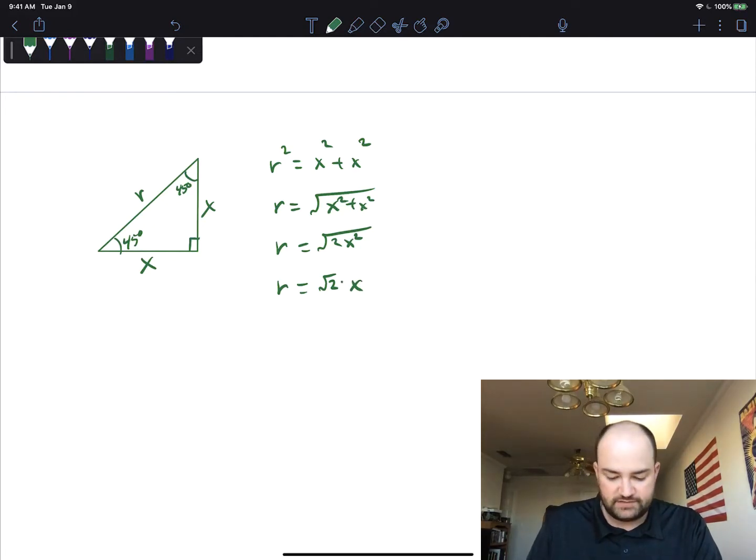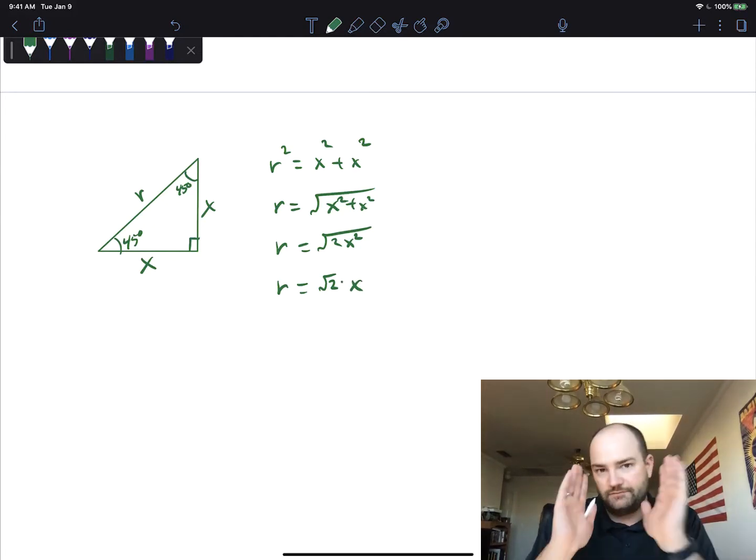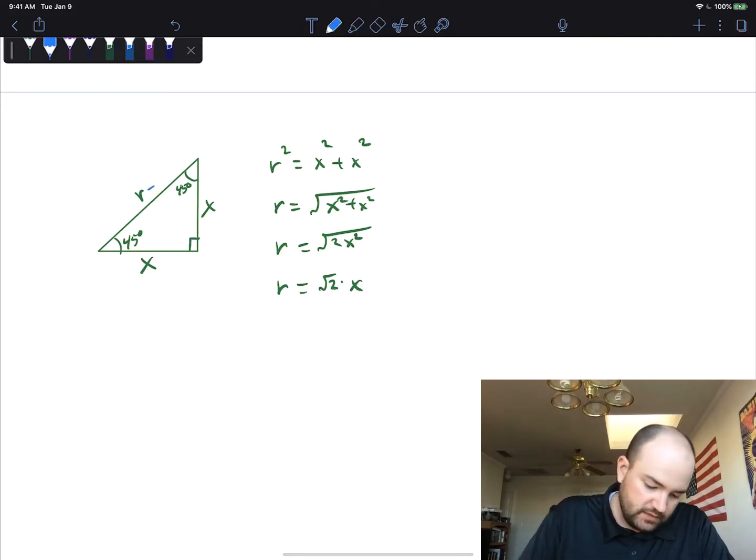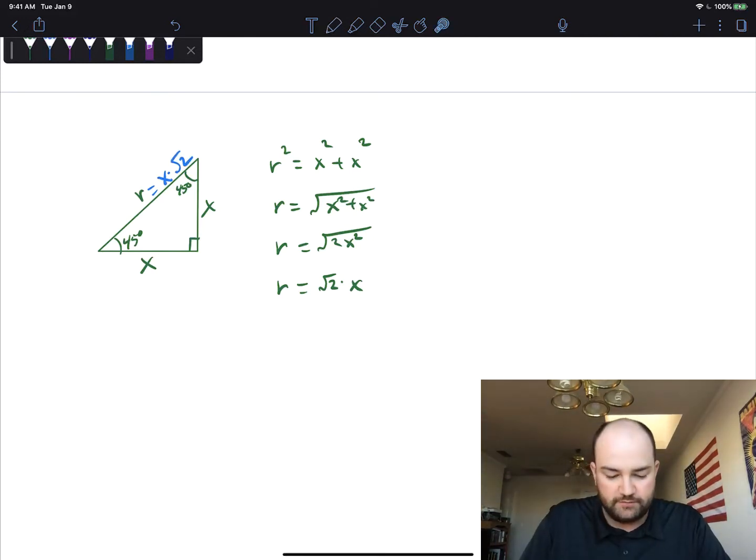If x is positive, it works out very well. Technically, it's the absolute value of x, but that works as well. So the r here is x times the square root of 2.